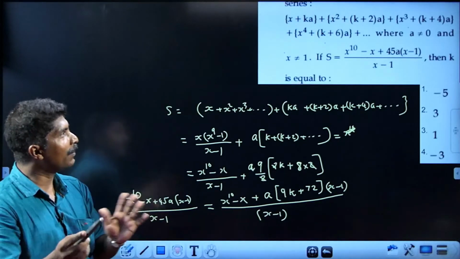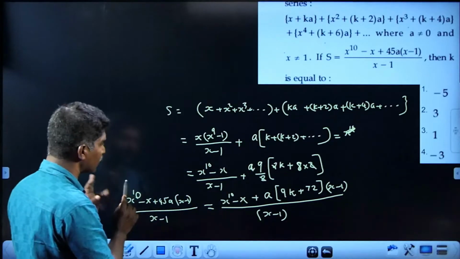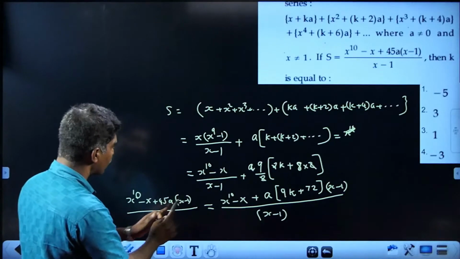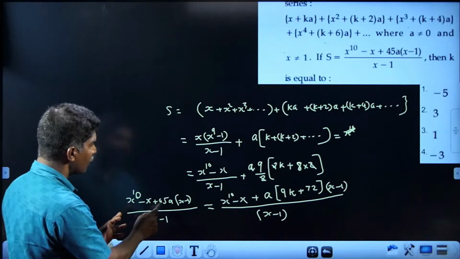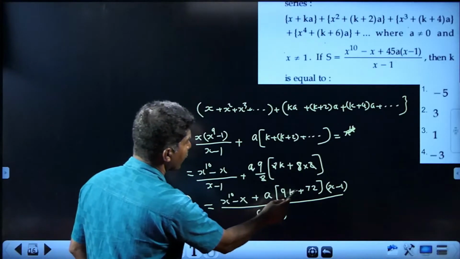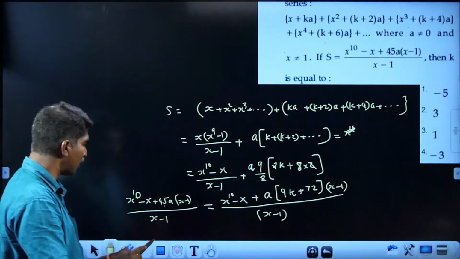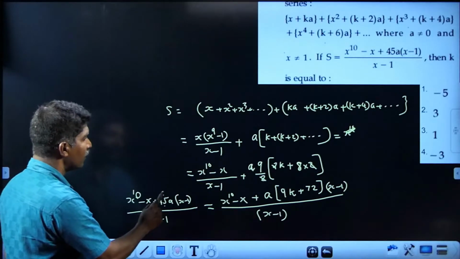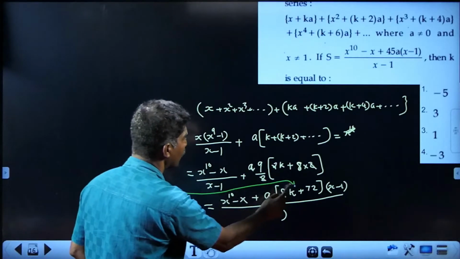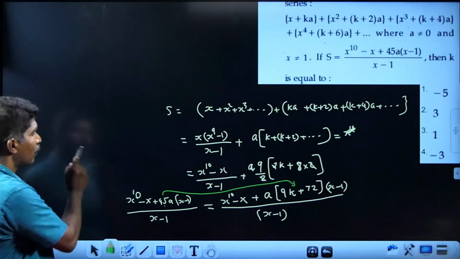And you compare the terms. X raised to 10 minus x, no problem; x minus 1 is there, no problem. The only difference is 45 and 9k plus 72. So we have to equate only the terms with the difference. All the other terms are exactly the same. So 45a is equal to a into 9k plus 72.